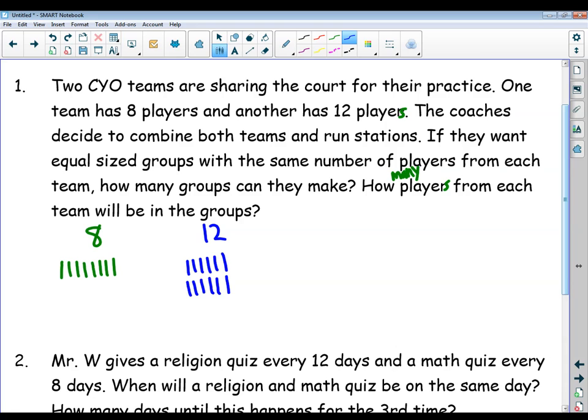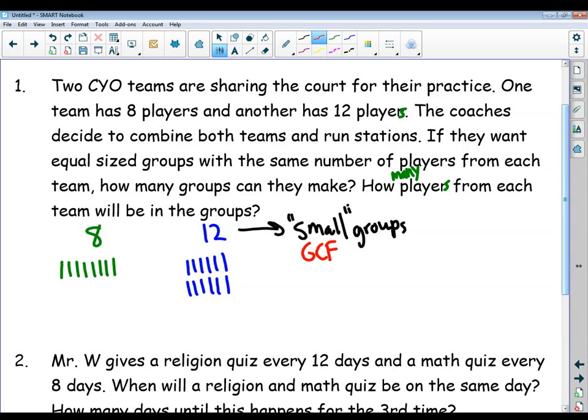Now what we're going to do is take these combined players, and we're eventually just going to be putting them into small groups. And since we're doing, quote unquote, small groups here, we're looking for the GCF of these two numbers.